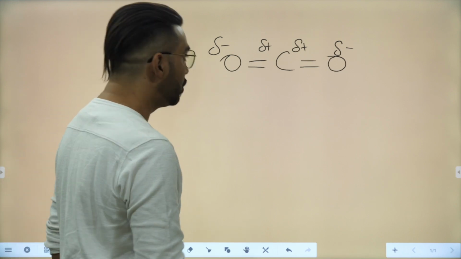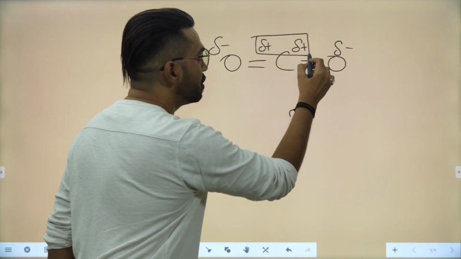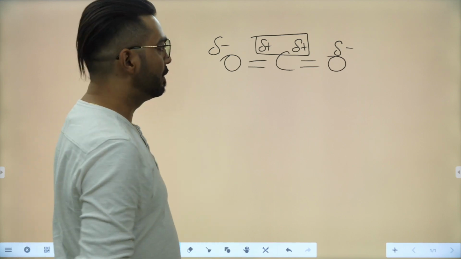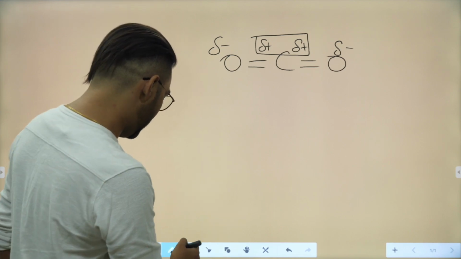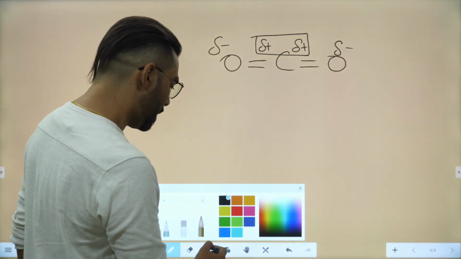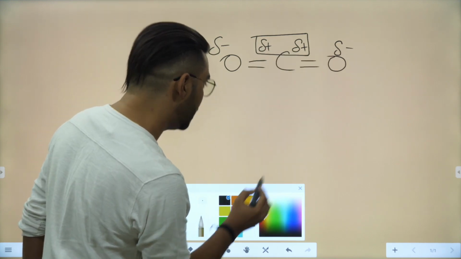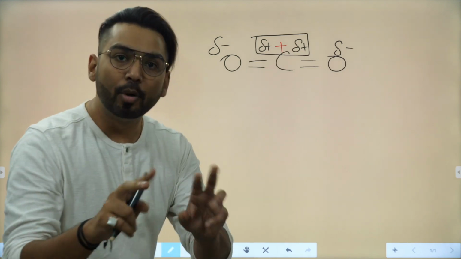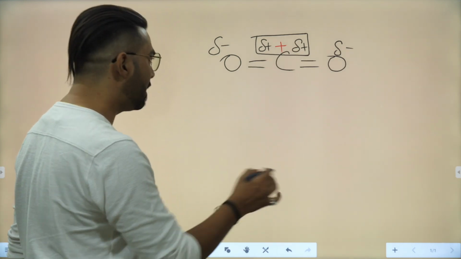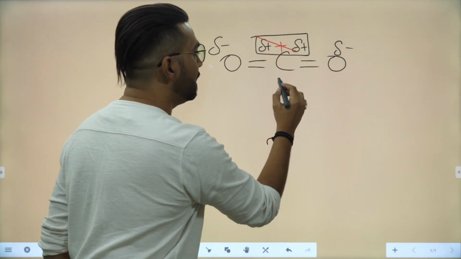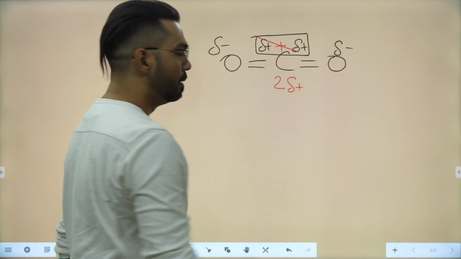So in short, the charge on carbon is actually 2 times delta plus. Instead of writing delta plus and delta plus, in my opinion, just simply write it as 2 delta plus.